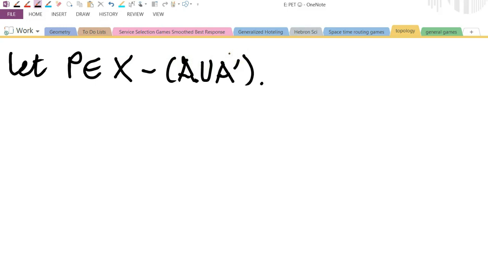So our first claim is that P is not going to be a limit point of A. Why is P not going to be a limit point of A? Well, the basic reason is that all the limit points of A are in the set A', and we know that P is not in the set A'.